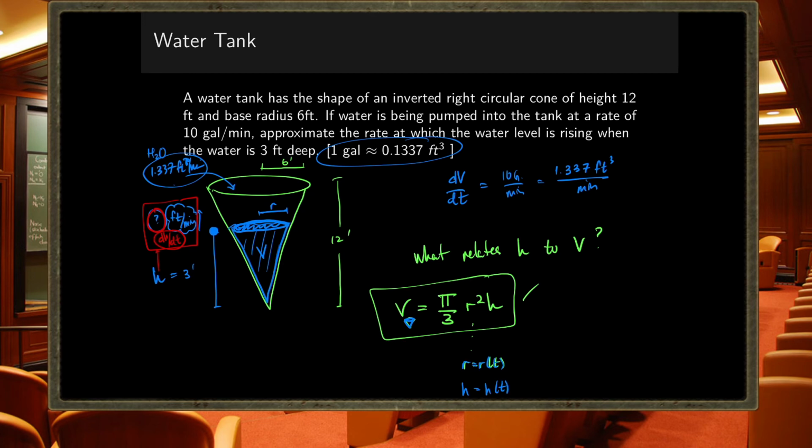Now, what I'm going to recommend is that you can eliminate one of the variables by using another geometric relationship. Noting the problem that we have, can we eliminate r so that we just worry about h?